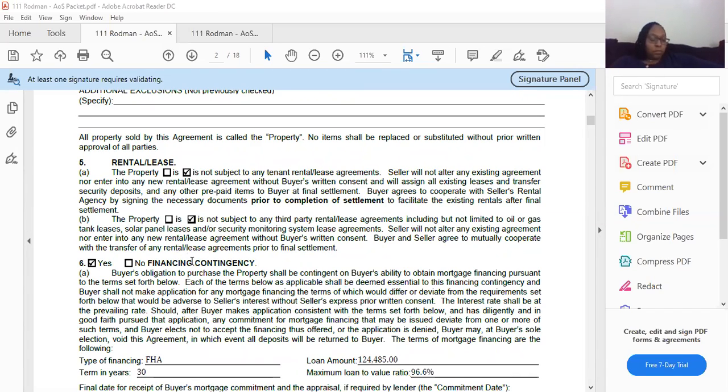I was just going to say, if there is a tenant in place here and your buyer is purchasing this house to live in, it's going to be their primary residence, and they are not going to buy this as an investment, make sure that in your additional terms you put that the tenant will vacate prior to settlement.